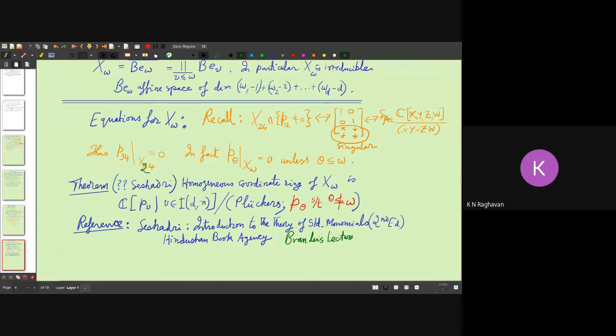But now they are available. Hindustan Book Agency reprinted them, and it's called the second edition. And maybe the American Math Society distributes these books in every place other than India.